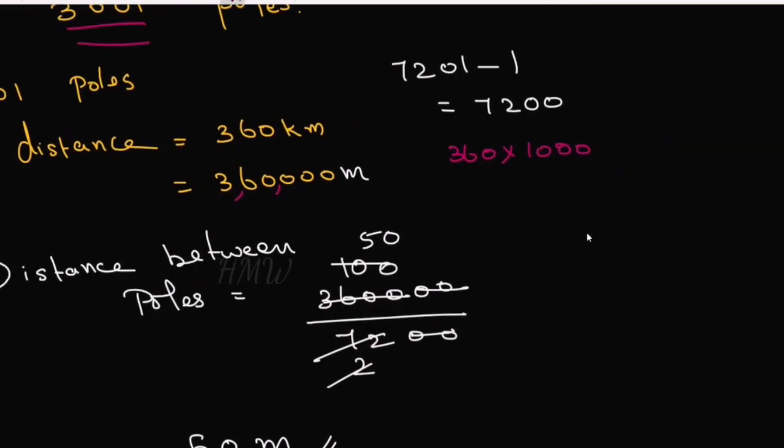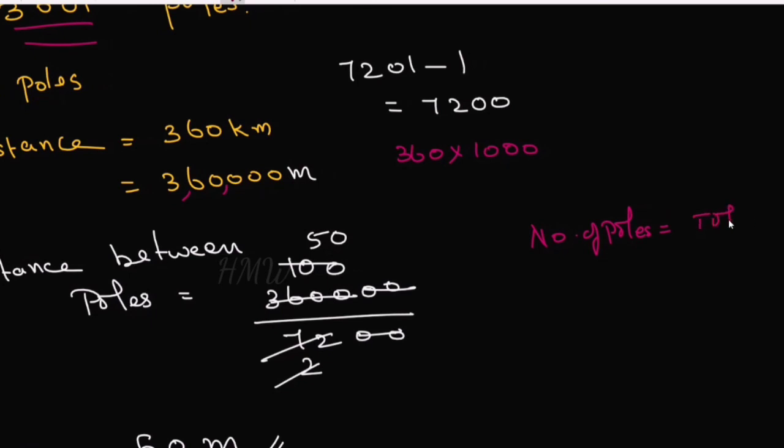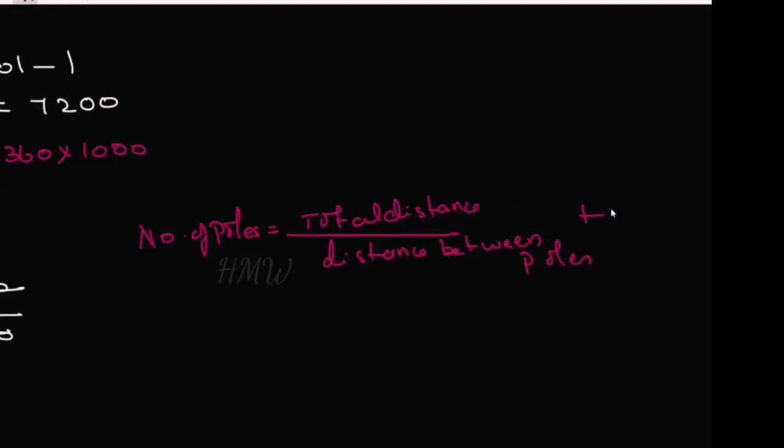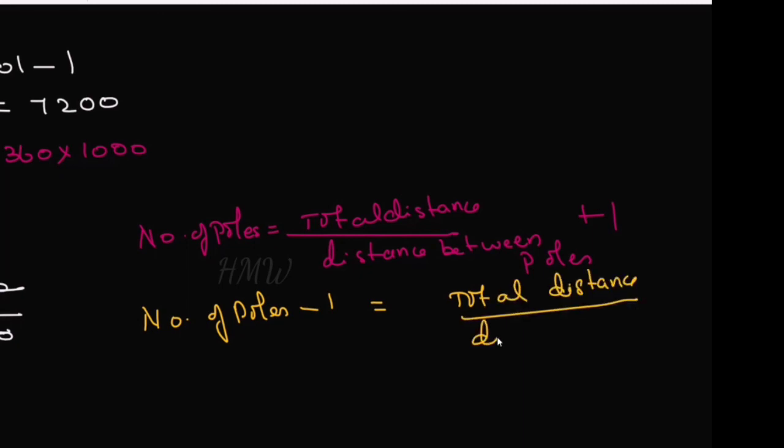What is the formula? The number of poles is the total distance divided by the distance between the poles, plus 1. Now we want the distance, so we have to subtract this 1. So the number of poles minus 1 is the total distance divided by the distance between the poles.